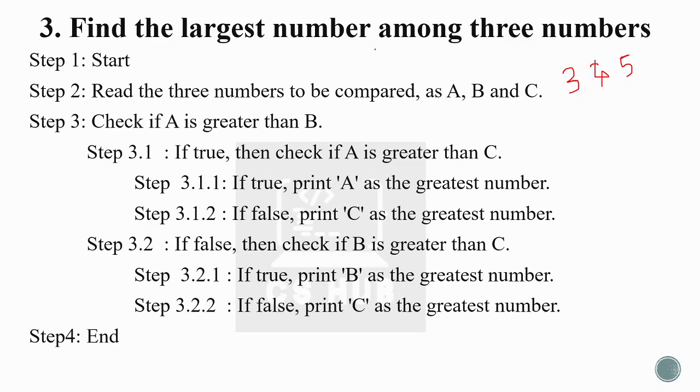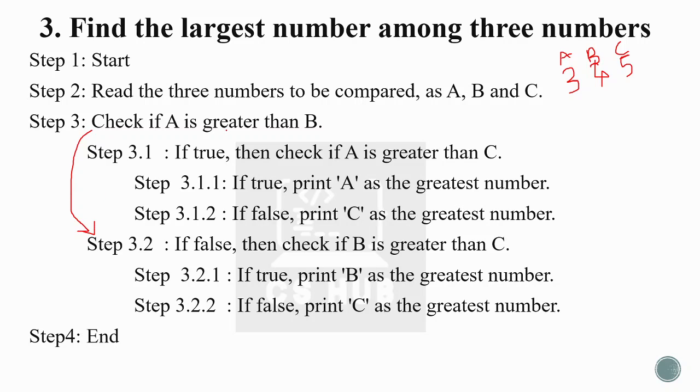First step is to check if A is greater than B. This is our A, this is B, and this is C. Check whether A is greater than B. A is not greater, right? A is lesser. So this 3.1 will not work. We will jump to 3.2, right?